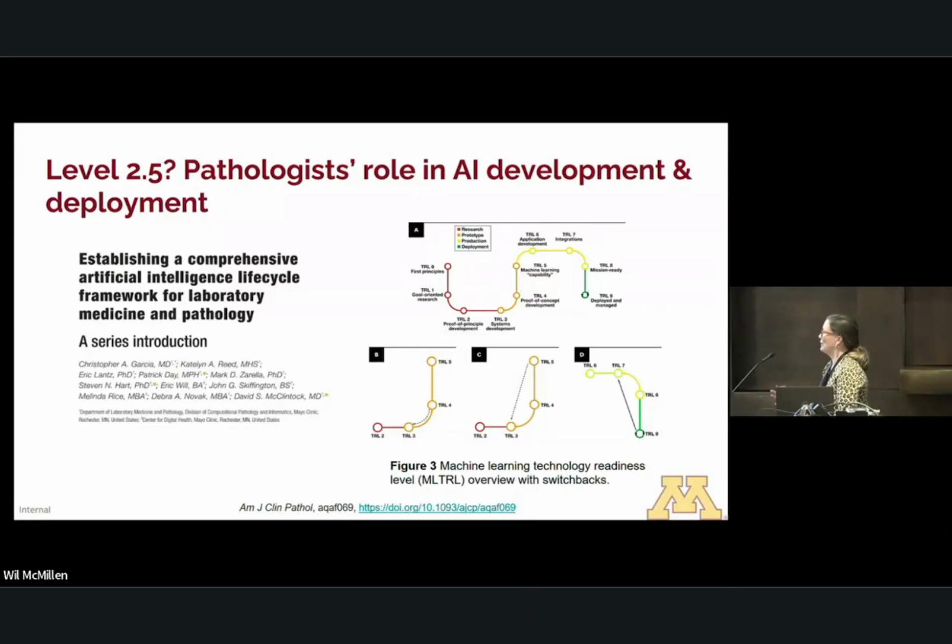I'm not going to talk a lot about this for the sake of time, but the reason I have it highlighted here is that this framework uses what are called technology readiness levels. This is a construct that I think originated in the US military, but it's a framework for assessing what level your organization is ready to adopt a potentially high-risk technology like AI. I think what's great is what they call out for this, okay, sorry.